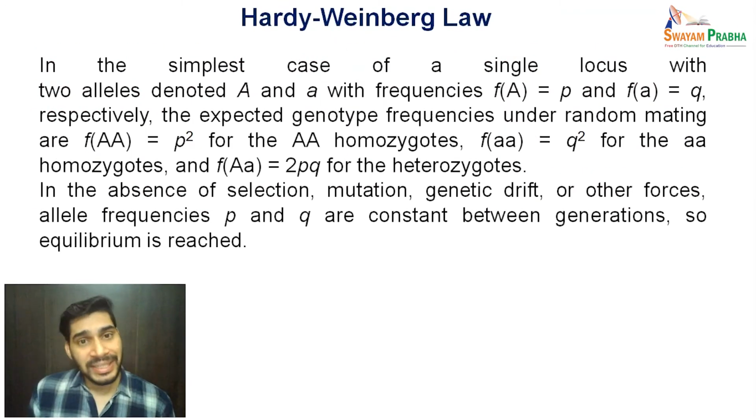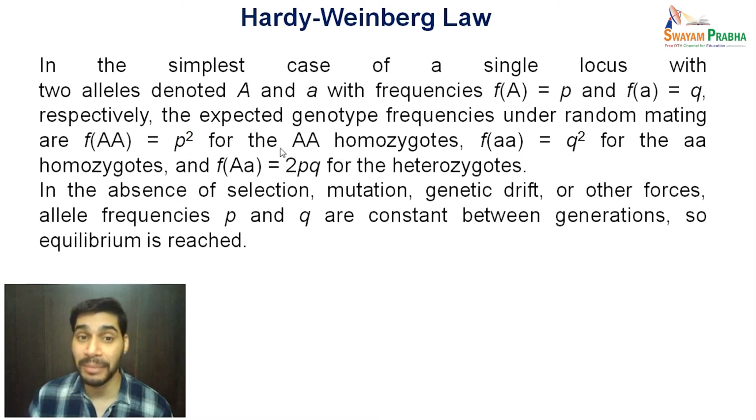In the simplest case of a single locus with two alleles, denoted as capital A and small a, with the frequencies p and q respectively, the expected genotype frequencies under random mating are p square for the capital A homozygotes, q square for the small a homozygotes, and 2pq for the heterozygotes.